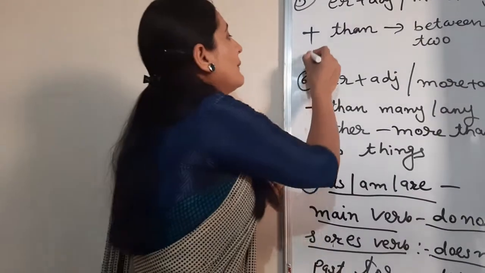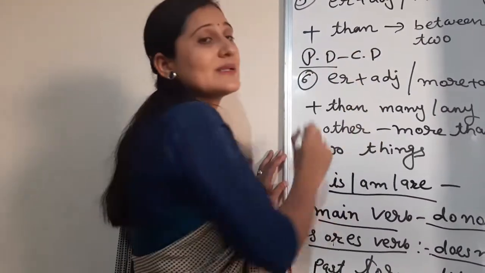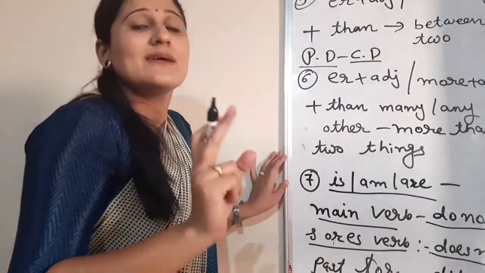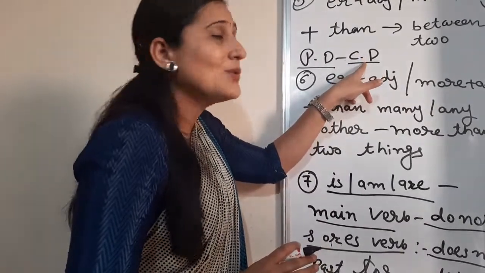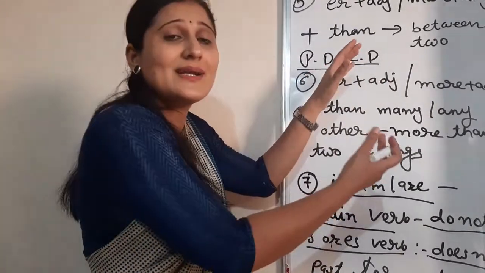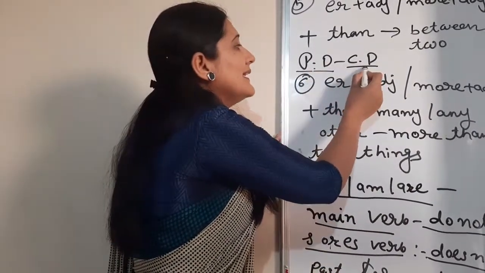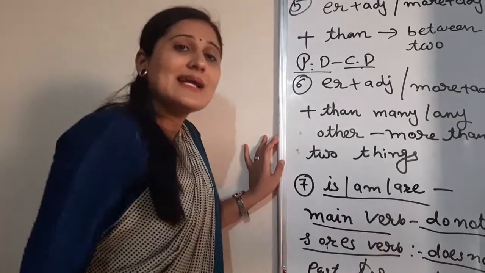For what? PD into CD, it means positive degree into comparative. Seven rules. The same rules are there for comparative into positive. But let's understand with an example from PD to CD, which are the rules that I explained.